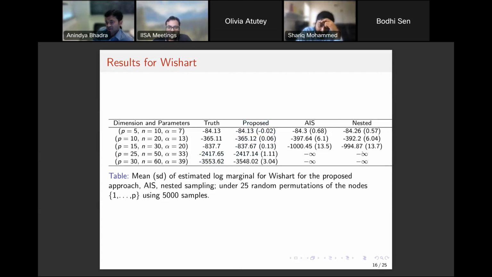Some of the other competing approaches just give up. It becomes numerically, it goes below machine precision, and likelihood becomes 0, and the log likelihood becomes negative infinity. Okay, it's not theoretically negative infinity. It's just that AIS and nested sampling have gone below machine precision, and even at lower dimension, the other competing approaches are badly biased.